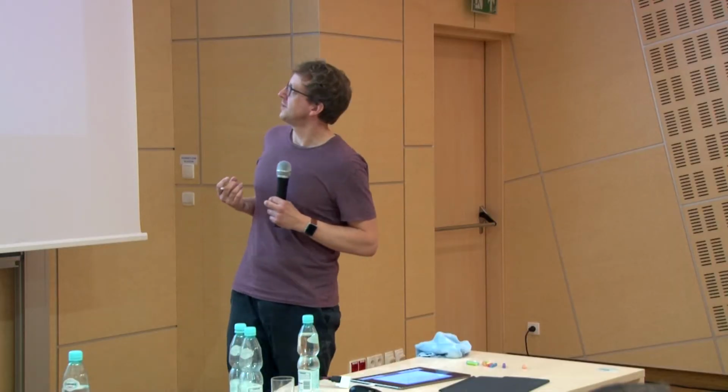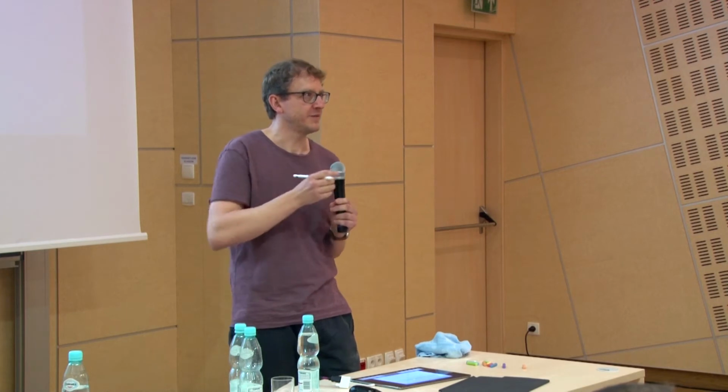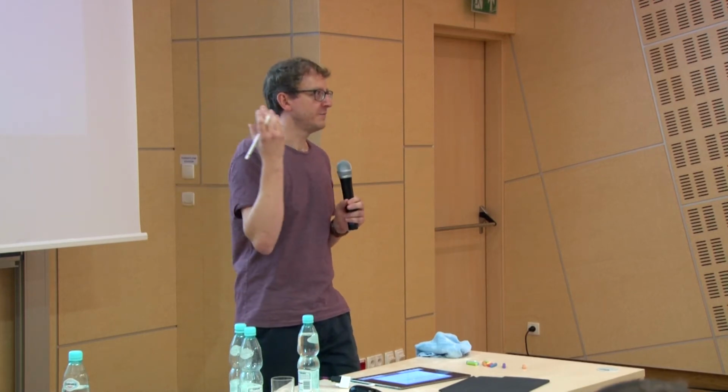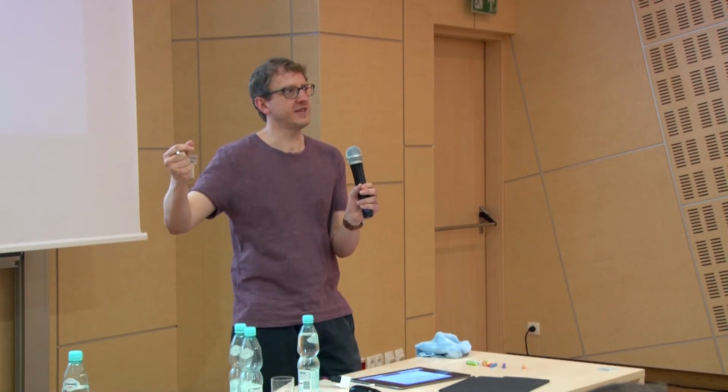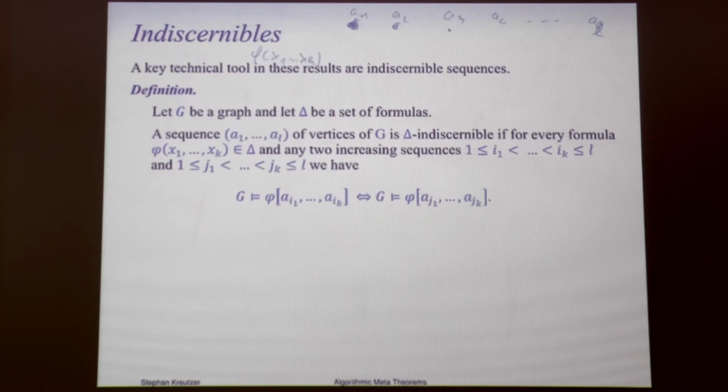What it says is, it doesn't matter how you pick your elements from your sequence. One choice of elements will satisfy the formula if and only if the other one will. So you could start by saying, I want this vertex and this one and this one and this one, and your neighbor could say, no, I want this one here and this vertex.